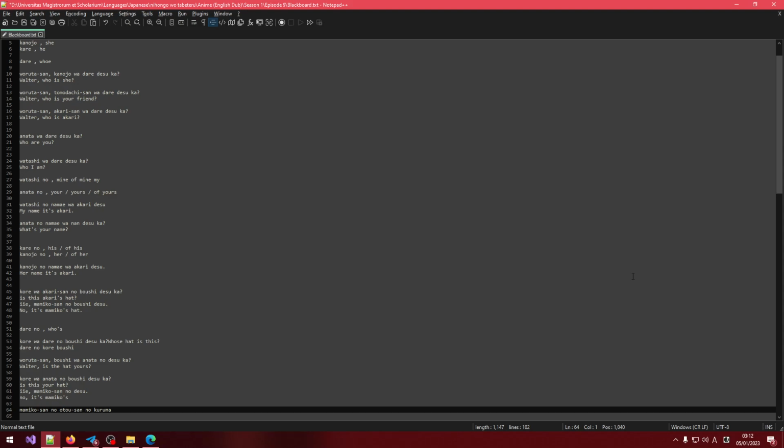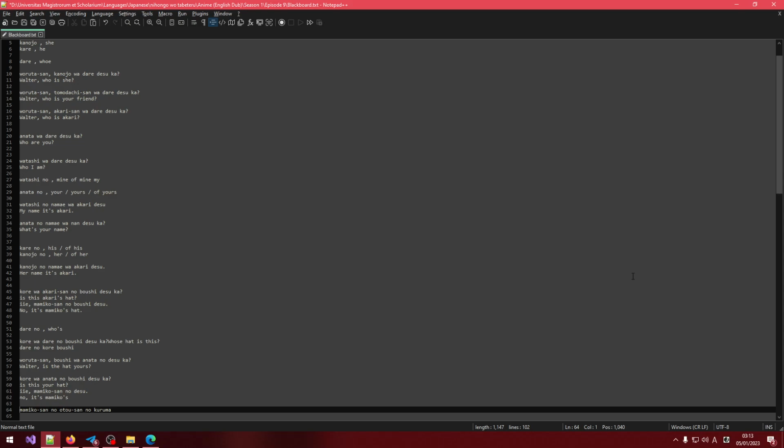What's Otosan? Otosan is father. So Mamiko possesses a father. So, Mamiko's father. Right? So what's next? No kuruma. Kuruma is car. So Mamiko's father possesses a car. So this car belongs to Mamiko's father.